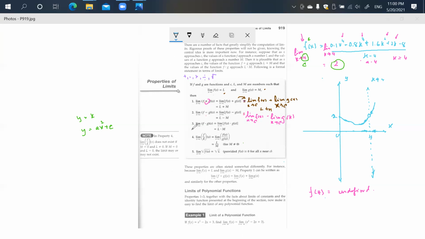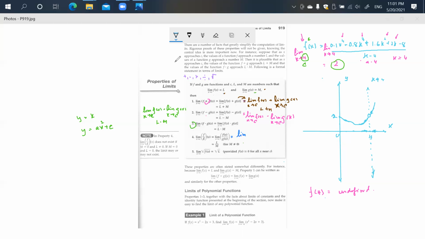Okay, at the same time, number three is for multiplication, so it becomes limit of f of x when x approaches c times limit of g of x when x approaches c. This one becomes L times m, because limit of g of x equals m here.